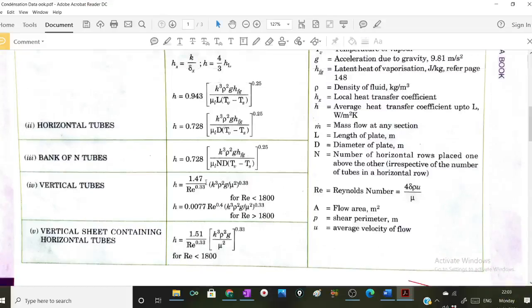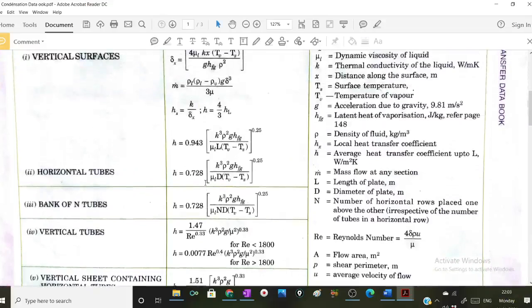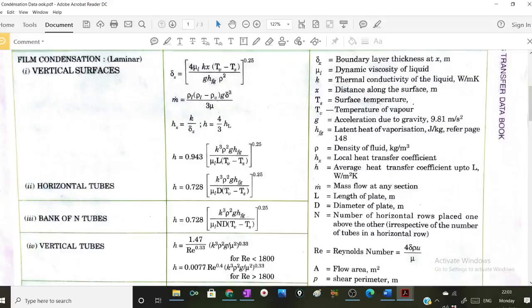Now I have to refer the appropriate formula of convective heat transfer coefficient. Number one is for vertical surface, number two for horizontal tubes, number three is for bank of N tubes. So this formula I am going to use. H is equal to 0.728 K rho square G HFG over mu L and D, T_v minus T_s.